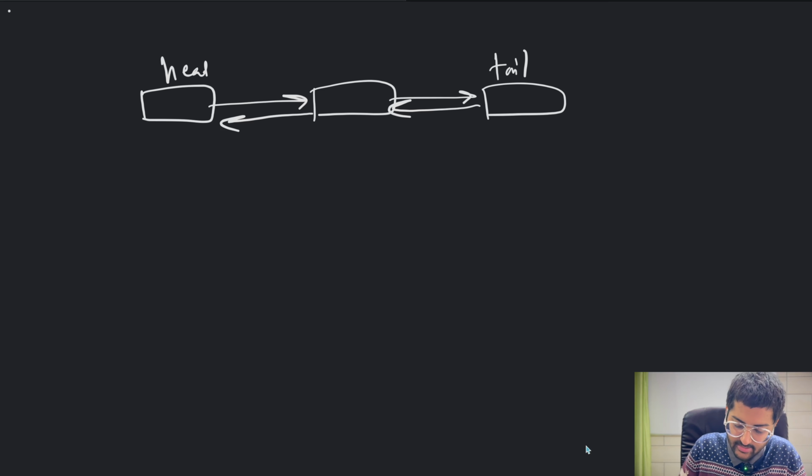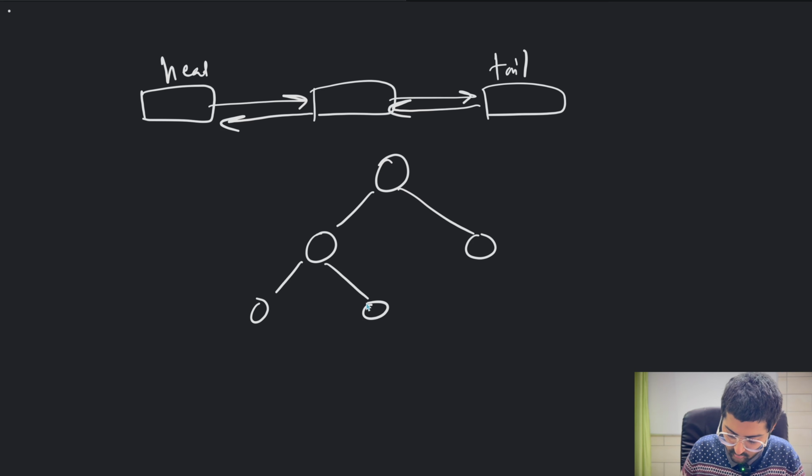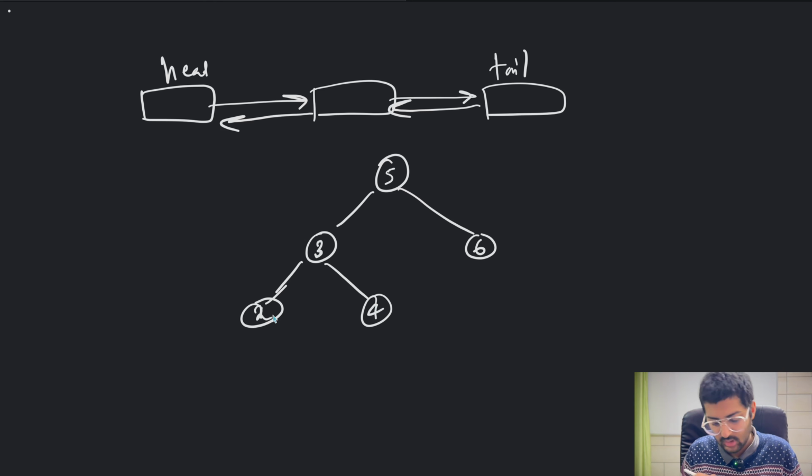So we are given a tree like this. This is 5, 6, this is, let's say, 3, this is, let's say, 1, this is 2, 4, this is 2, okay, this is 1.